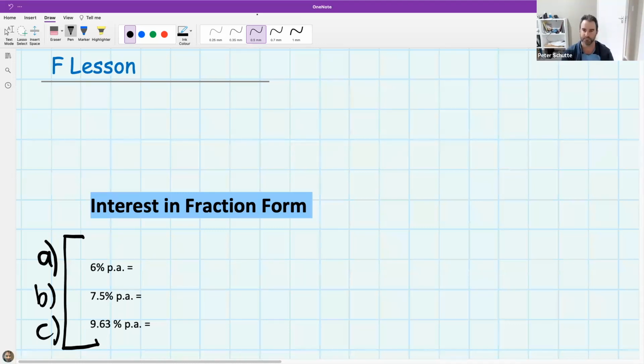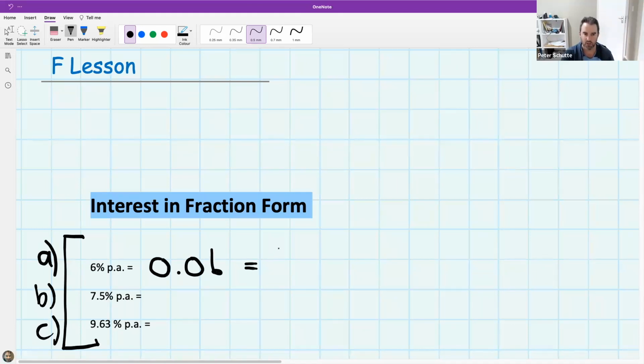For A, B, and C. I see the answers coming in there from Piwe and Brooklyn. So the first one is going to be for 6% is 0.06.